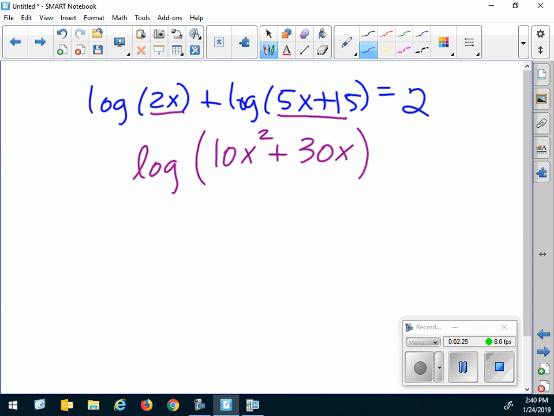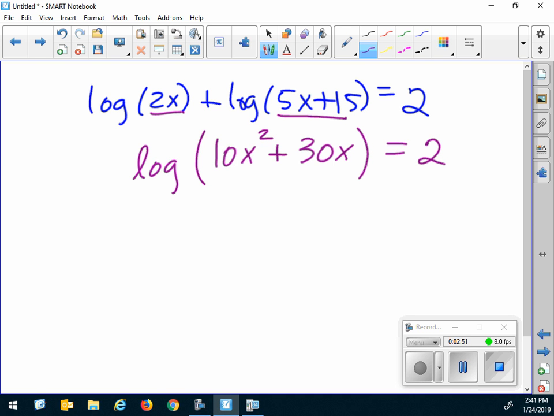What I did is I condensed to make one log, but addition condenses with multiplication. So I did 2x times 5x plus 15. A super log. There you go. You with me there? Okay. Now that's equal to 2.